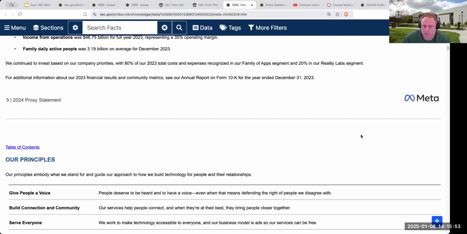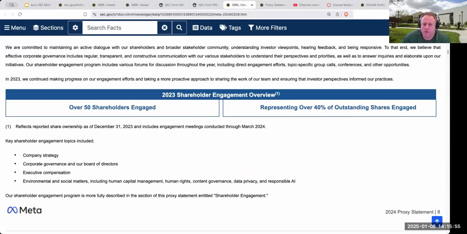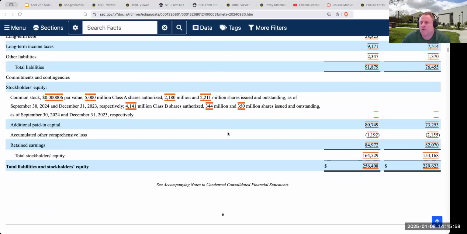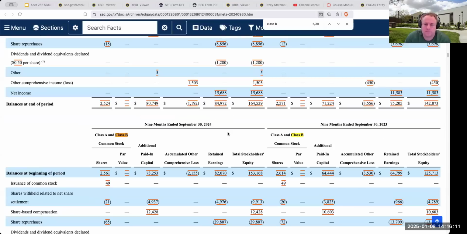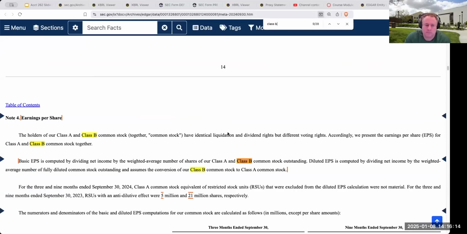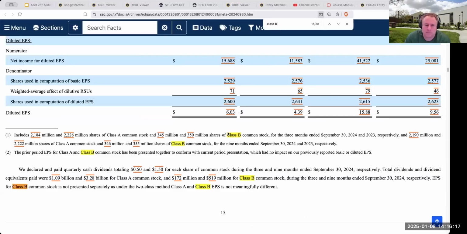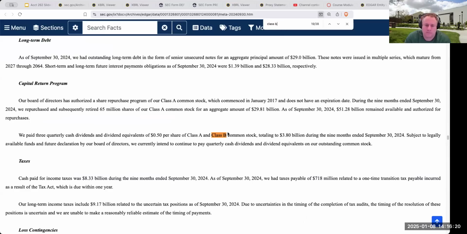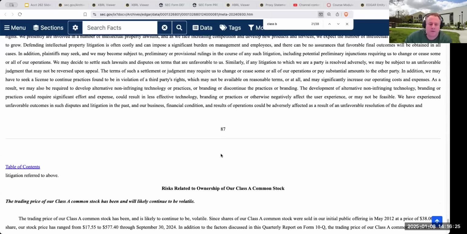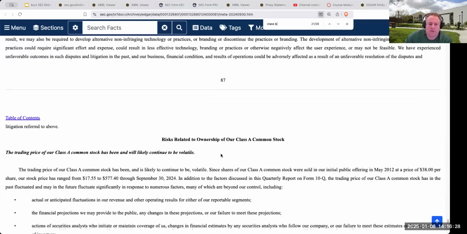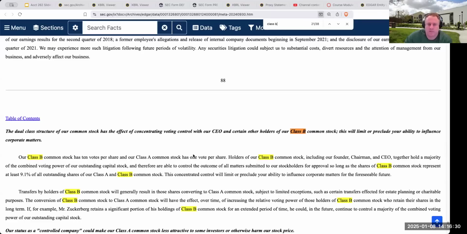The other thing too is that when you look at the risk factors of Meta Platforms, it is clearly disclosed that Zuckerberg has the voting rights. Class A's continue to be volatile.